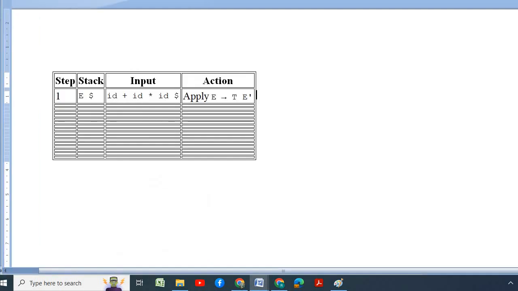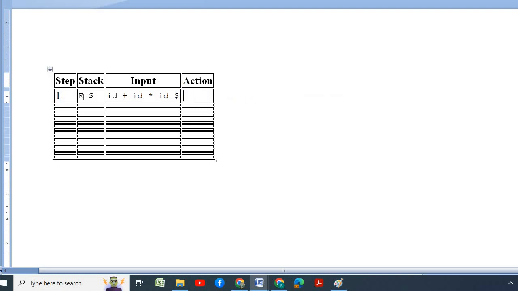The first step: the stack is empty, so we have to push the starting symbol onto the stack. The starting symbol is E. Now we have to check E and ID in the parse table.